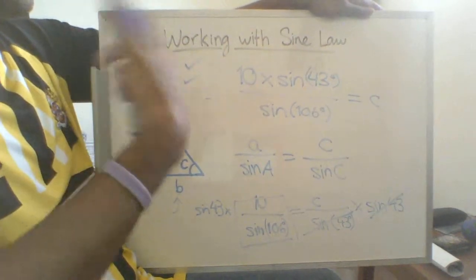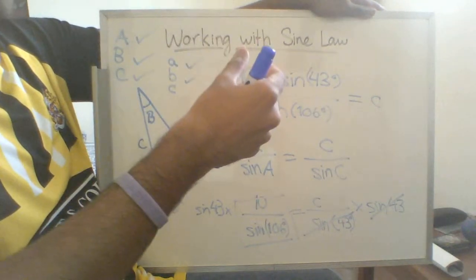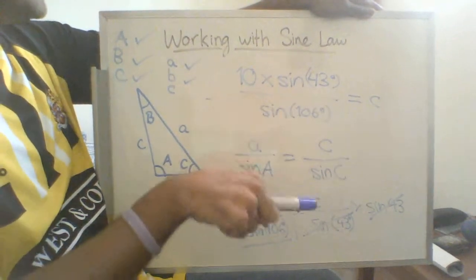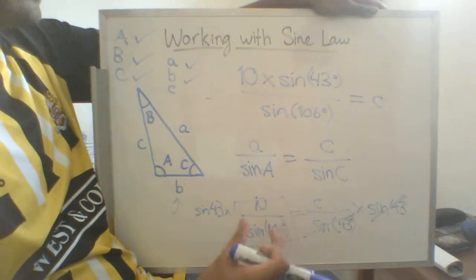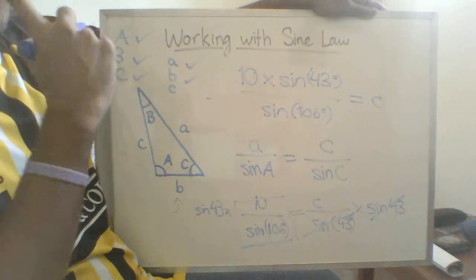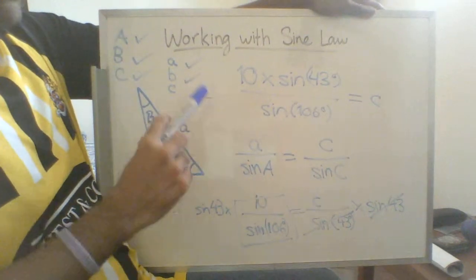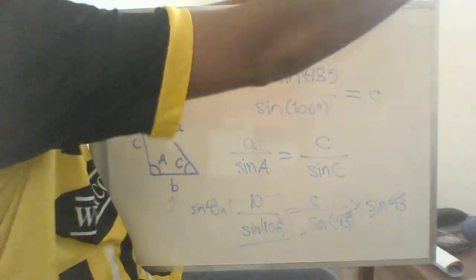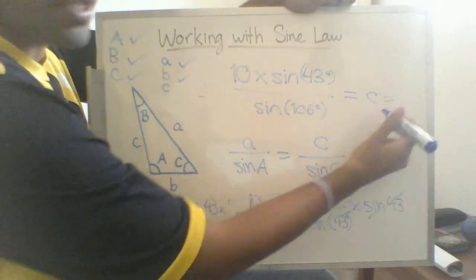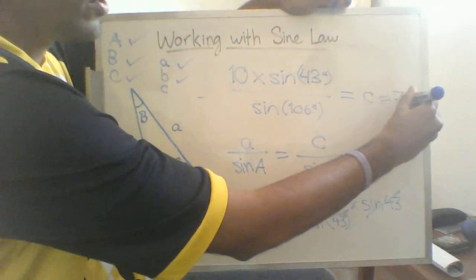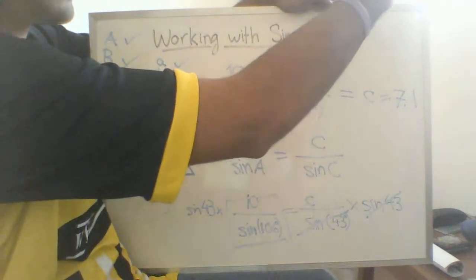It'll give you the sine of the number that you'd written just before it. So you have 43, hit the sine button, it'll give you sine of 43 degrees, and then multiply that by 10. Okay? So this is how this whole thing works, and if you do the math, the answer here is 7.1 centimeters approximately.